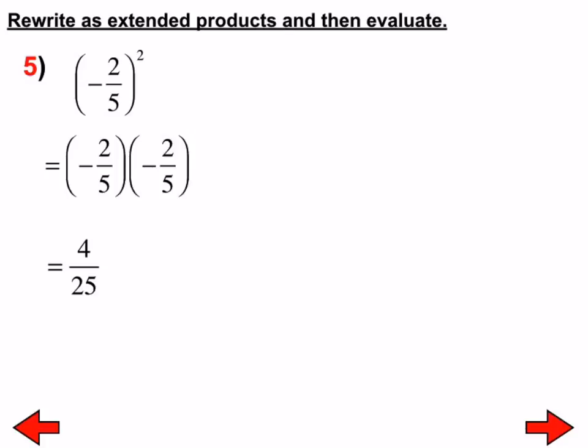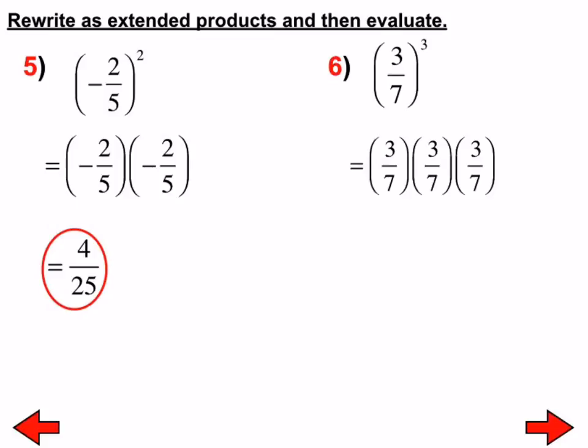And when we evaluate that, that's 4 over 25. But I saw a couple of you in this one just jumping straight to the answer. And it's not 9 over 49, by the way, because this time we're to the 3rd power. It's 27 over 343. So just be careful with what you're doing there, okay?